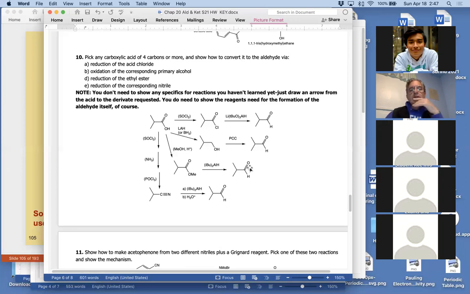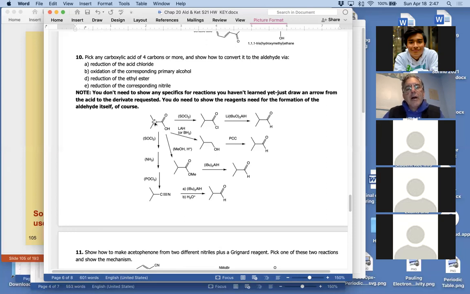Do we have to just know the general reaction, like reagents? It's the reductions and oxidations here that are the important ones. Reduction of the nitrile, the ester, and the acid chloride are the focus here. That's a way to create esters from carboxylic acids. Yeah, methanol and a dehydration. So we'll get to that in the next chapter.